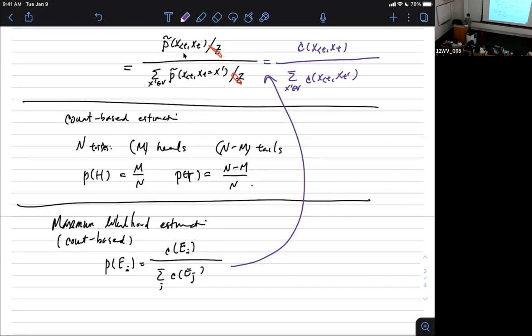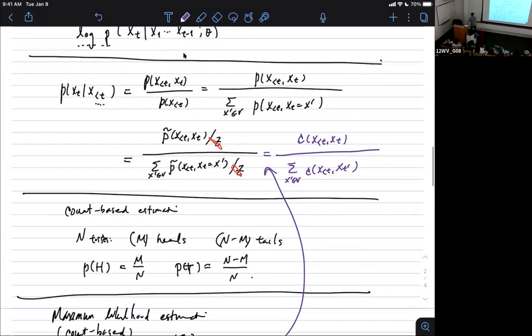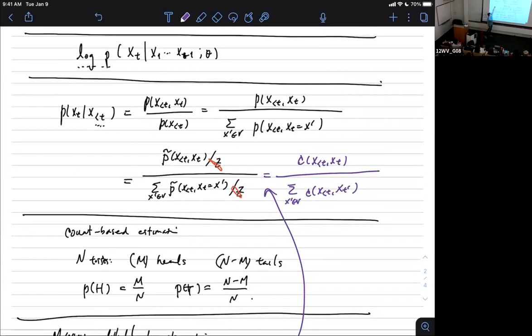So what do we need to do? We just count. We have a large data set, and let's say I want to compute the probability of "city" following "New York." I'm going to count every occurrence of New York City.